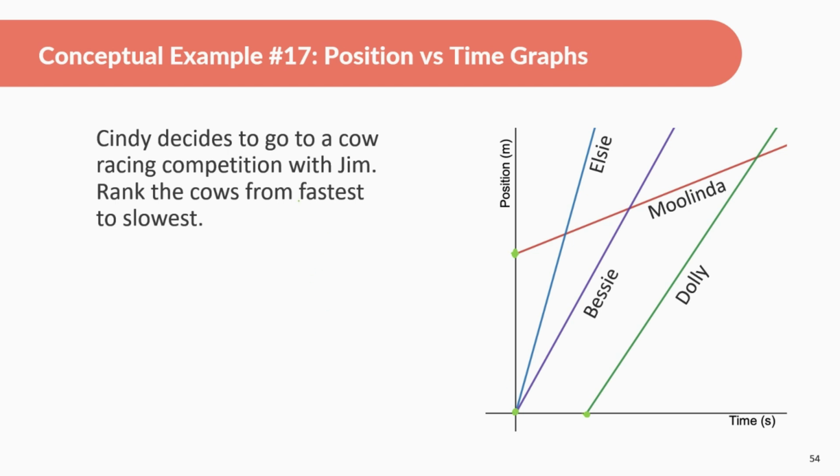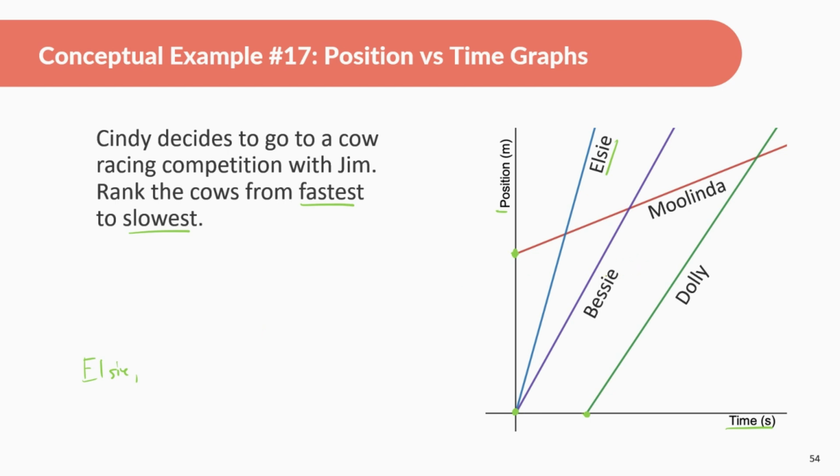Again, if we're thinking about the fastest and slowest for a position versus time graph, we should only be caring about the slope. So when we're looking for the fastest, we should be thinking about which one has the steepest slope, and that is Elsie. So I'm going to do Elsie here as the fastest.